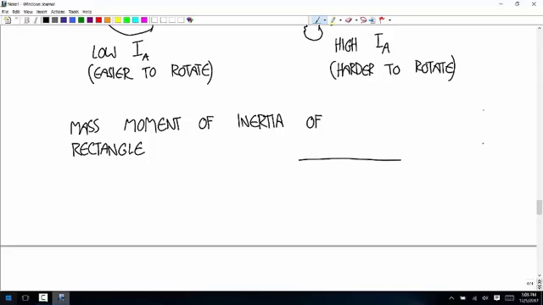So say here's the rectangle, and you can imagine taking a board like this and nailing it to the floor, think of this as a top view, so that it's free to spin. You could put that nail here and spin it. You could put the nail here and spin it. And so all of these different places are possible locations for the axis of rotation. But I think the only ones we're going to need are like this.